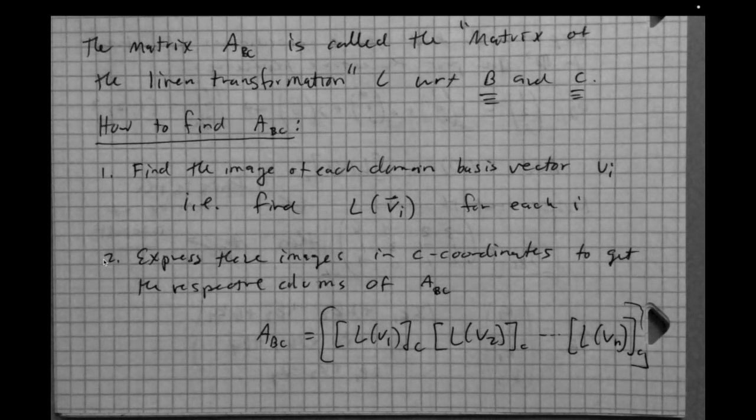Now there's a proof of this theorem. Obviously the theorem's been proven, but I'm going to encourage you to go look at the proof yourself. This whole section is a little bit tricky, there's no question about it. You can easily Google proof of the existence and uniqueness of the matrix of a linear transformation and find lots of different proofs.